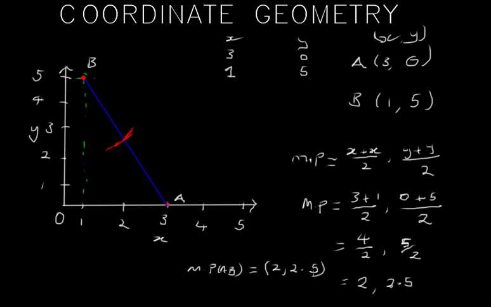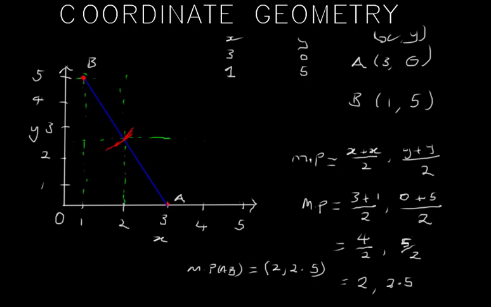So now let's just compare that with what we had earlier assumed. Our assumption was that the midpoint would be somewhere there. And if we're to identify the midpoint from our worked out solution, we'd say the 2 in the x is this point, and 2.5 in the y should be somewhere in between 2 and 3, which is somewhere there.